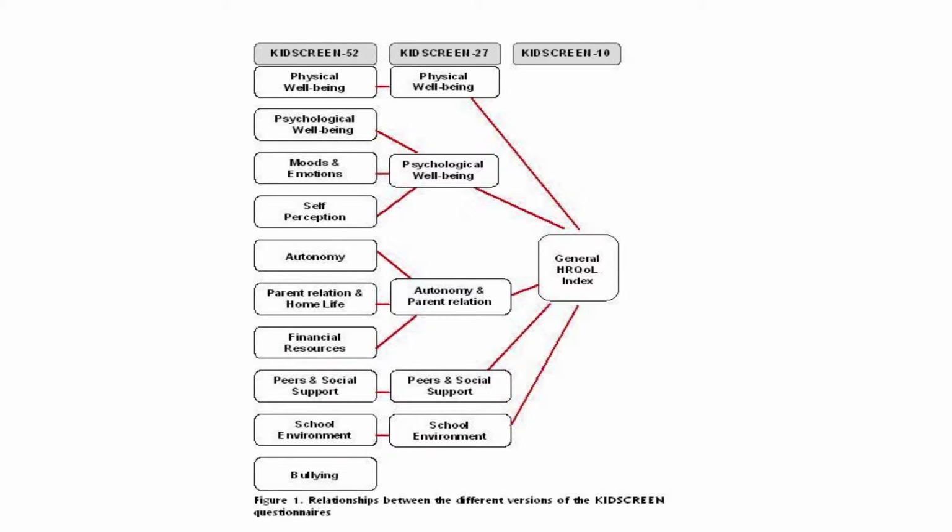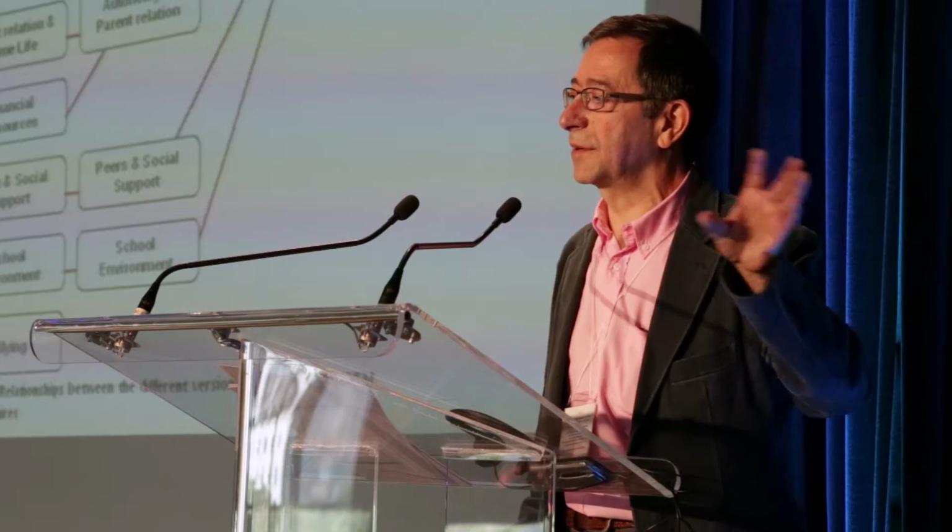I don't know if you could see all the... There are three main versions, addressed to self-reported and parent-reported versions of each instrument. The larger version is a 52-item version with 10 dimensions of health, and intermediate versions mainly proposed to be used in clinical practice with 5 dimensions that exclude only bullying and social acceptance from the larger version.